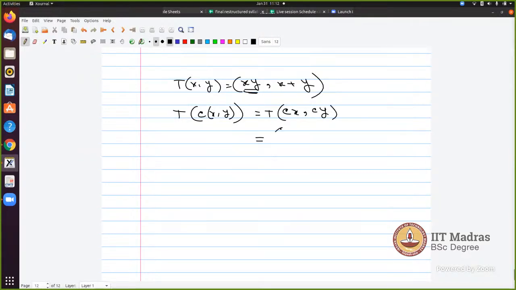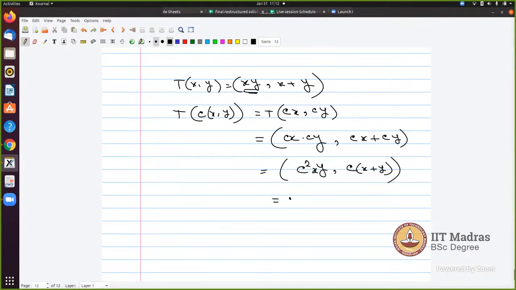Now what is T(cx)? This is cx into cx plus cy, so c squared xy, cx plus y. If I take c outside, still I have a c inside there, and this is x plus y.